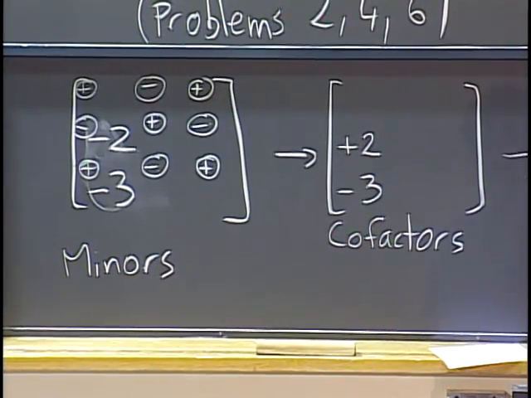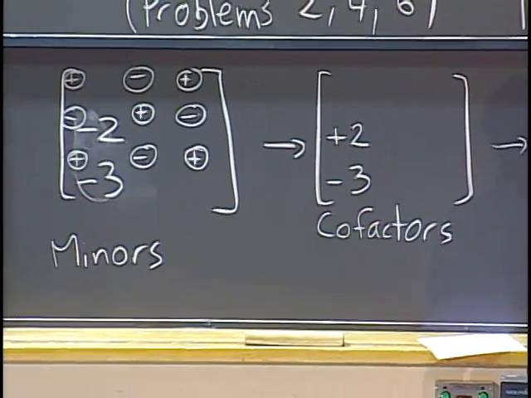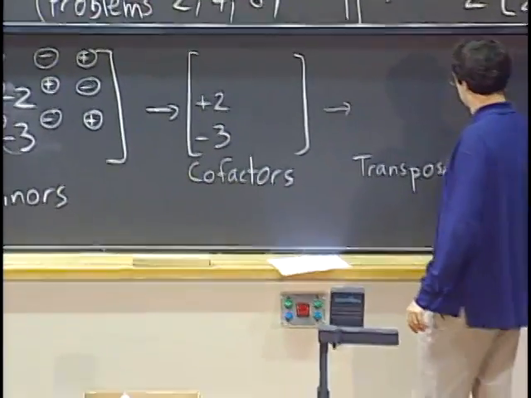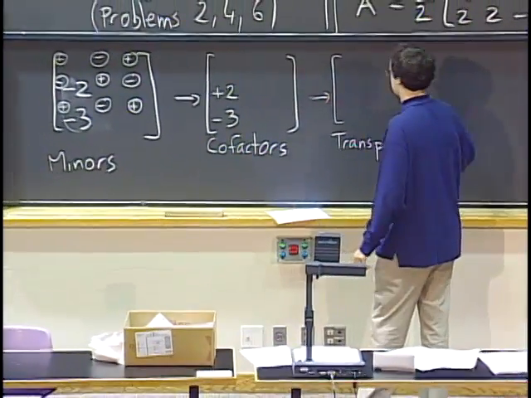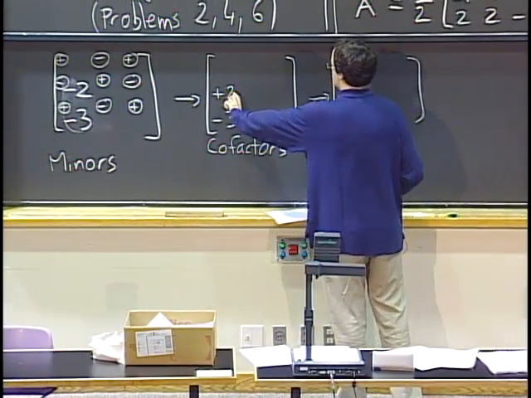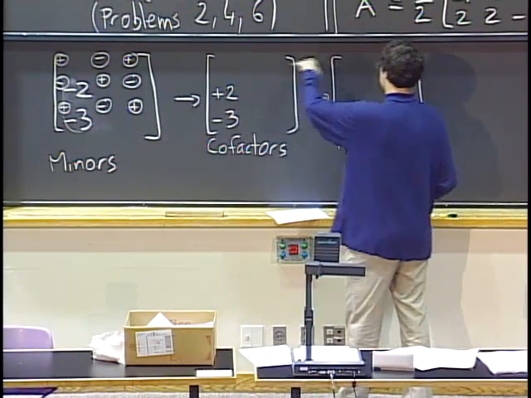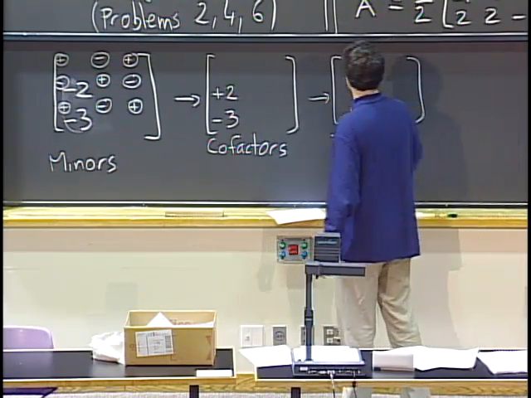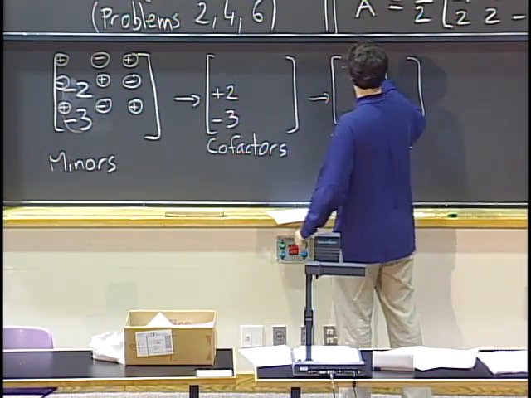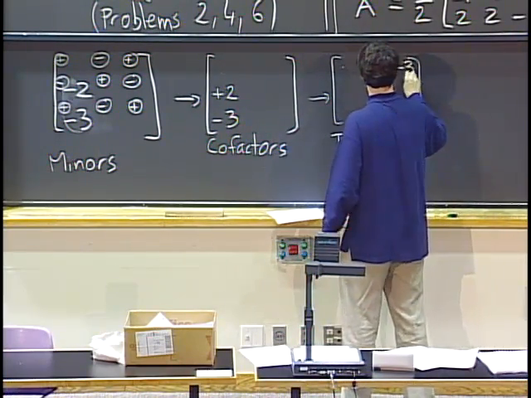Then we take the transpose. That means the first column will copy into the first row. So this guy we still don't know, but here we'll have 2, and here we'll have minus 3.